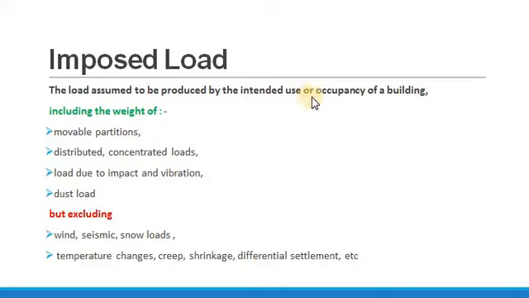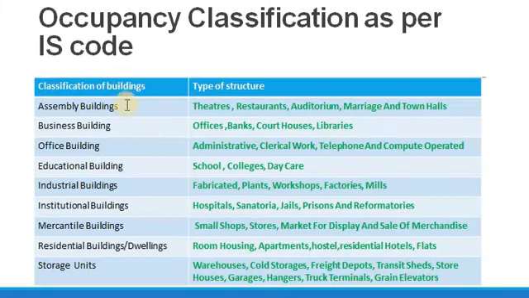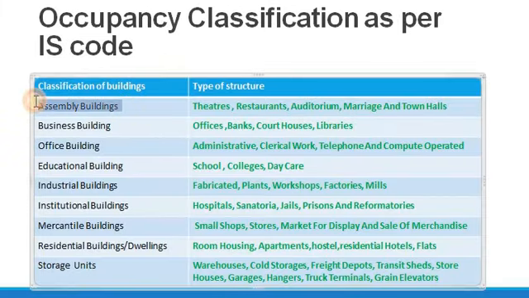We will generally calculate wind, seismic, all these loads in a separate way. When we are talking about occupancy of the building, the load assumed to be produced by the intended use or occupancy of the building. Now this code gives the different classification of the loads according to the occupancy. Here, classification of building: assembly building.